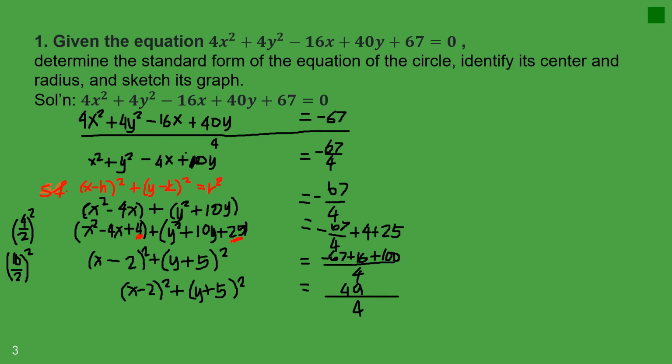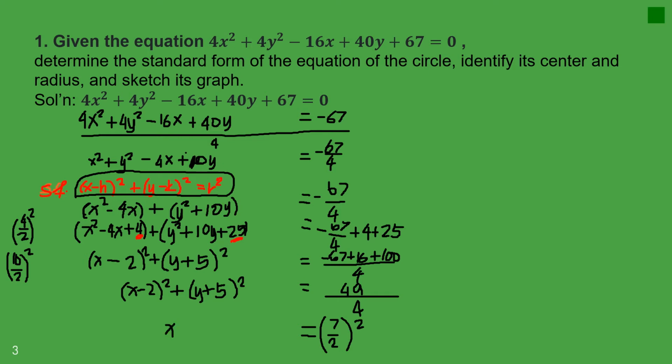And because we need to express that into the standard form of the equation of the circle, we need to find r squared. And r squared is equal to the square root of this. So that's 7 over 2 quantity squared. Right? Yes.